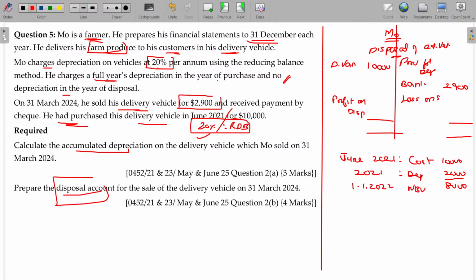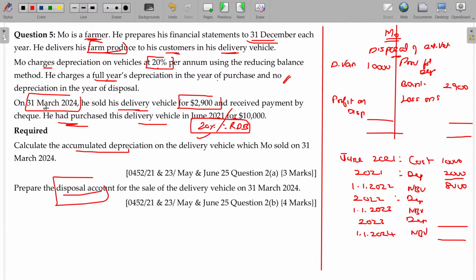And the asset is sold on this date. So you have to calculate depreciation for this year. Then you will get the net book value for 2023, depreciation for 2023, then you will get the net book value for 2024, right? And thereafter, you will not be eligible for claiming.